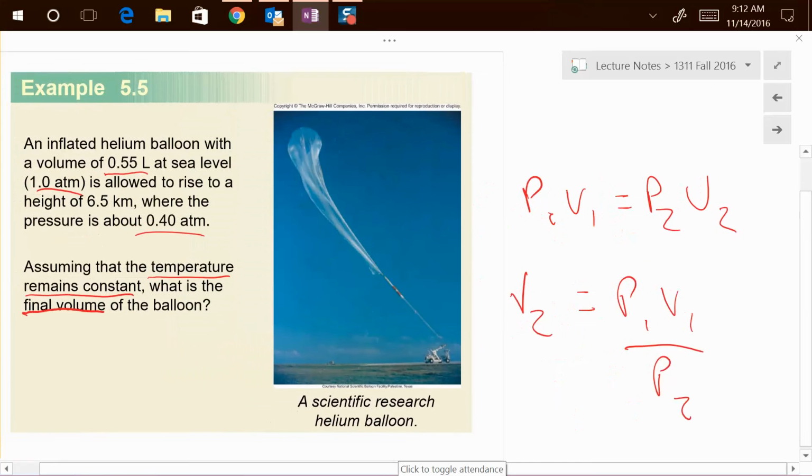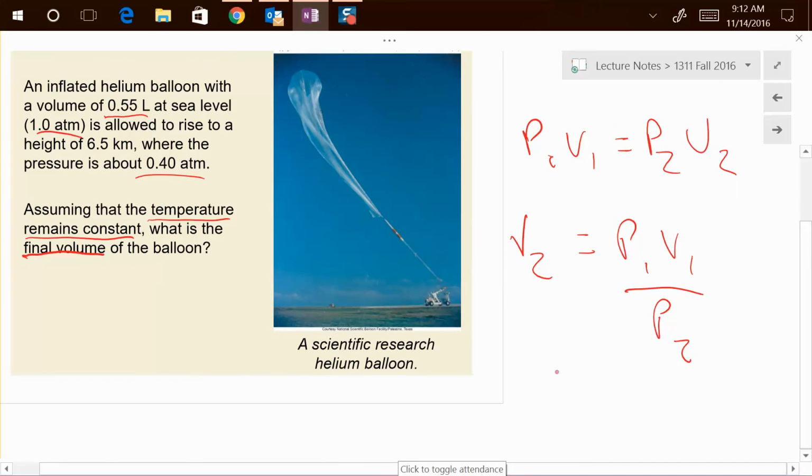So let's just write it down here. What is my initial pressure? One atmosphere, sea level. What is the initial volume?